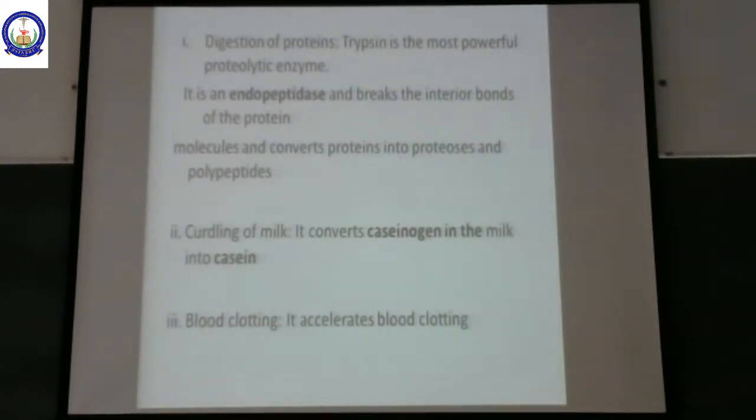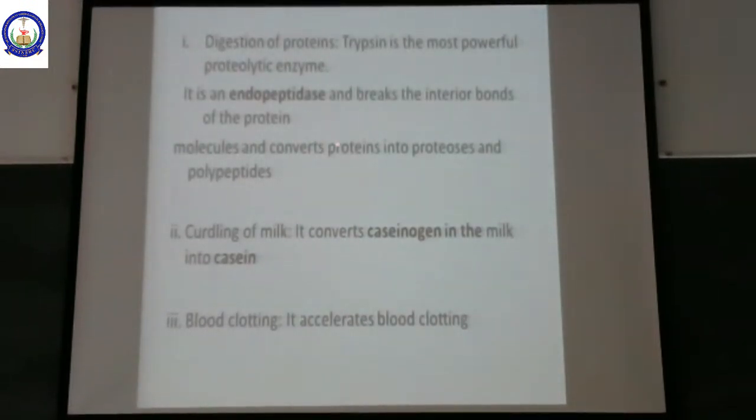Now let us see the functions of these proteolytic enzymes. One is digestion of proteins. Trypsin is the most powerful proteolytic enzyme. It is an endopeptidase, that is, it breaks the interior bonds of the protein molecules.